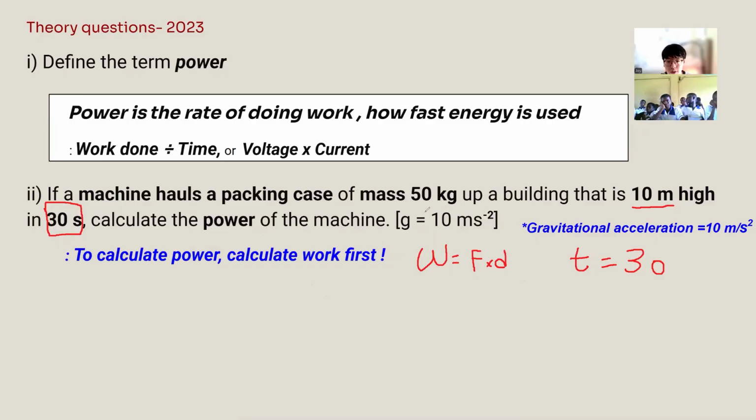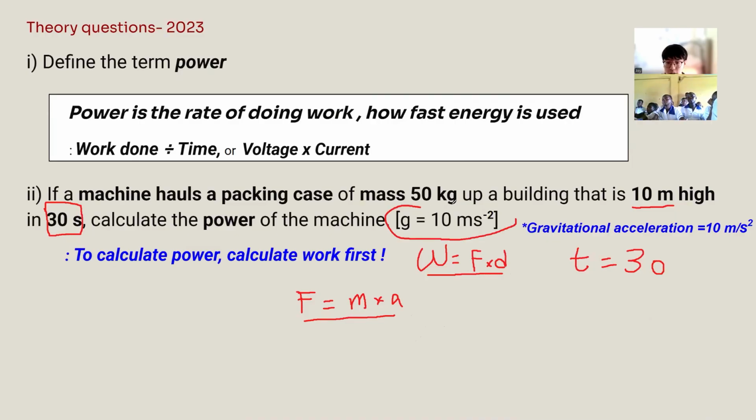So force is, remember, what is the force equation? Force equals ma, m times a. This is Newton's second law from our last week, right? That's how you find force. And since this machine is acted against gravity, a is equal to 10.